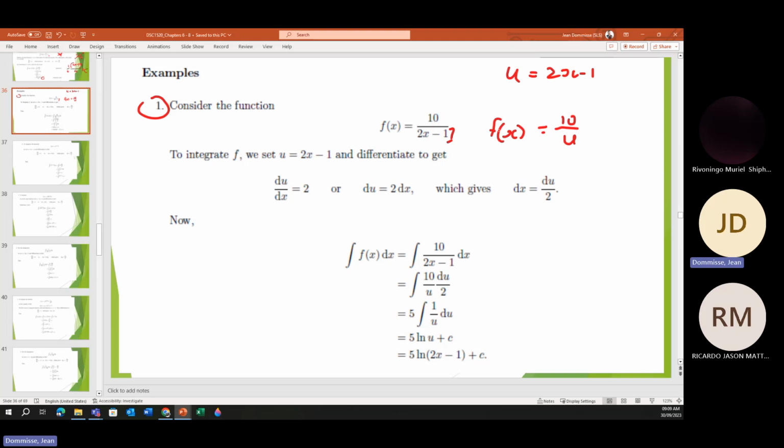But then we need to remember, okay, what are the other things that we need to do? So back to doing the integration, we need to integrate this function, and we need to integrate this function. So if you look at what we need to do, the first function to look at is 2x minus 1.